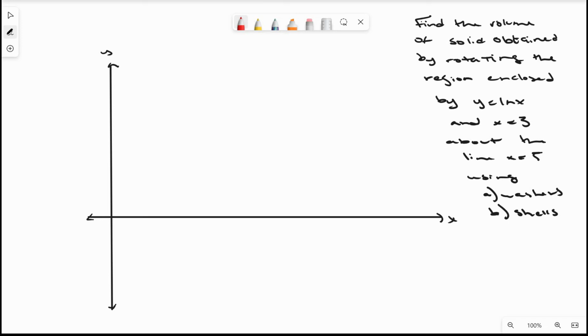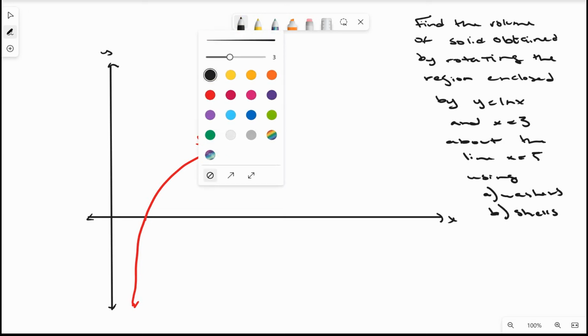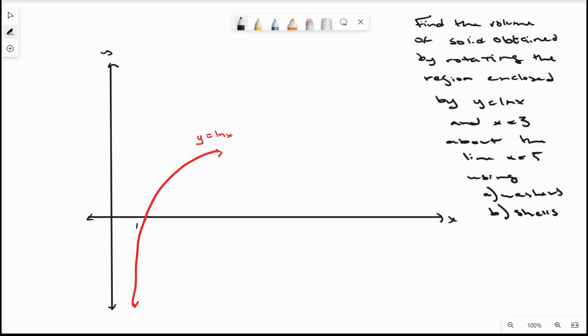Y equals ln x just looks like this. I'm purposely drawing it kind of short. It intersects the x-axis there at x equals 1. And then we have the line x equals 3. Any equation x equals a constant is a vertical line.